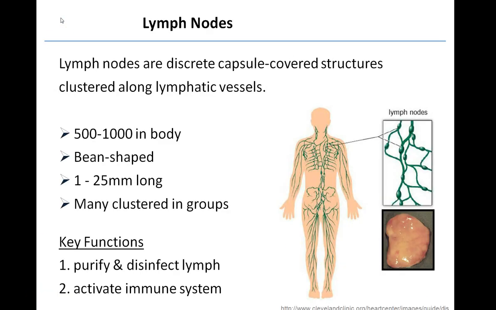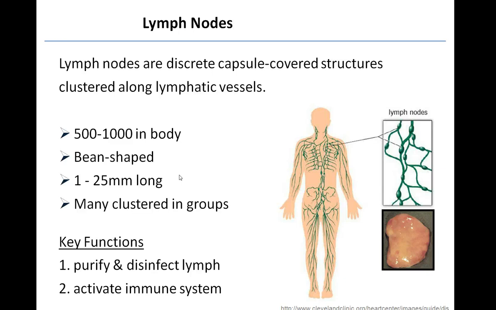One of the key areas where the purification of the lymph occurs is in lymph nodes. These are discrete, capsule-covered structures which are found widely along the lymphatic vessels. They tend to be bean-shaped as a consequence of this indentation here at the hilum. They vary in size from 1 to up to 25 millimeters long. They get larger during cases of infection, and many are clustered in groups in certain regions of the body.